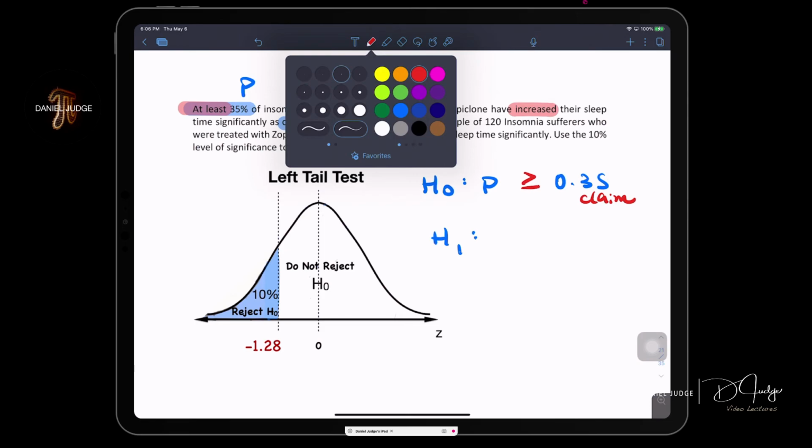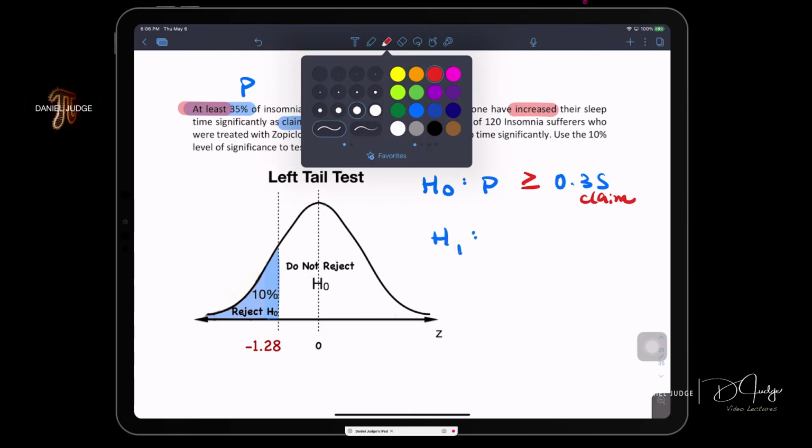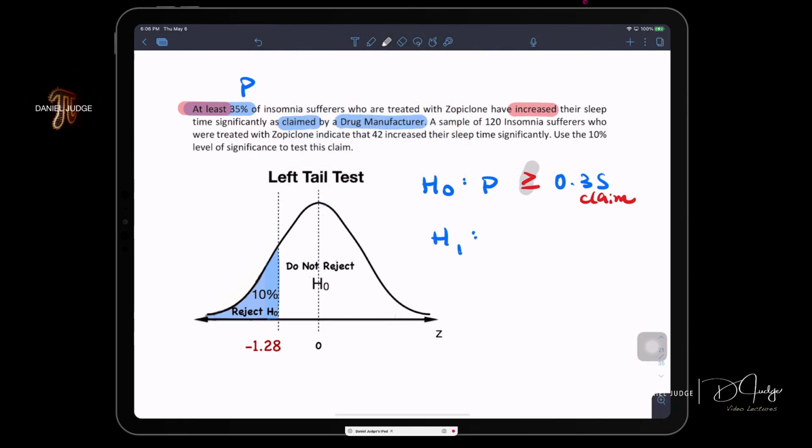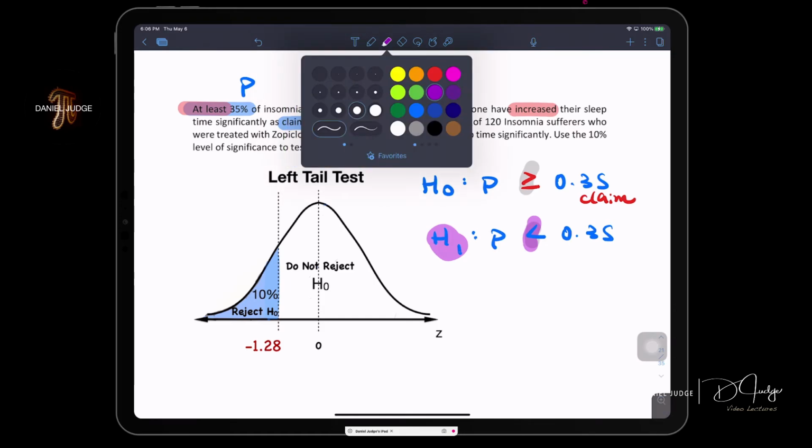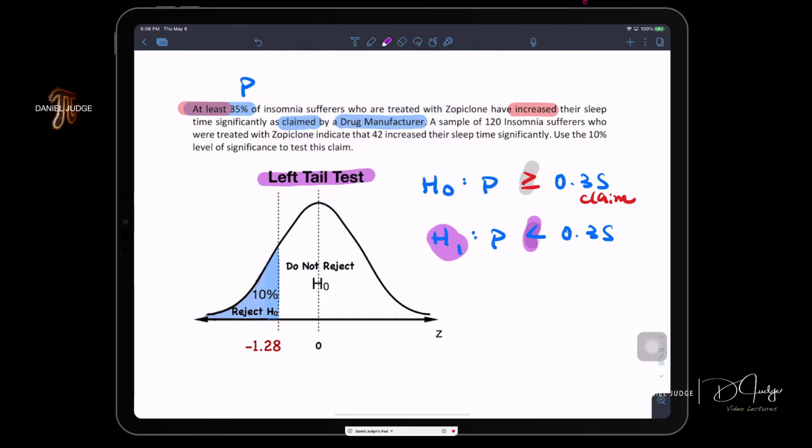The null and the alternate have to be logical opposites. So p greater than or equal to 35%, and H1, p less than 35%. It's a left tail test. So we are correct with this.